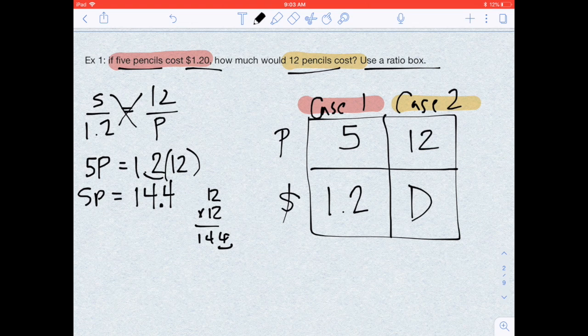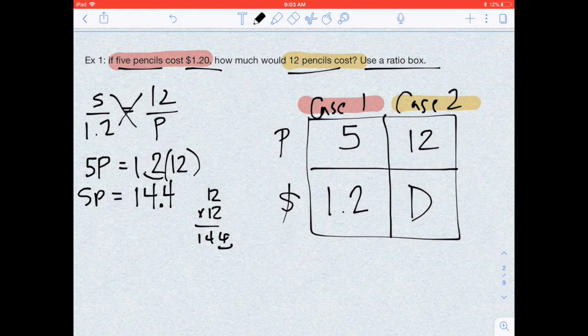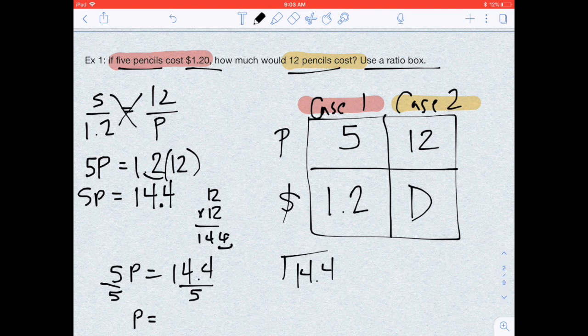But I still have this 5d over here. So I need to divide both sides by the same amount to get rid of the 5. I'm going to write down here so I have a little bit more room. I'm going to divide both sides by 5, and d equals 14.4 divided by 5, so I need to figure out what that would be.